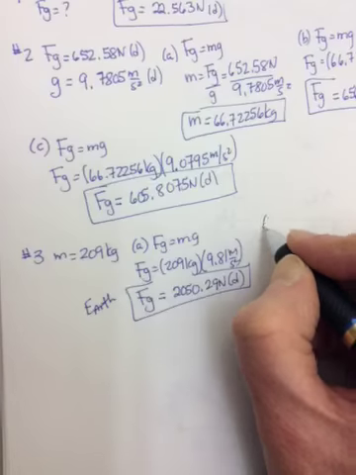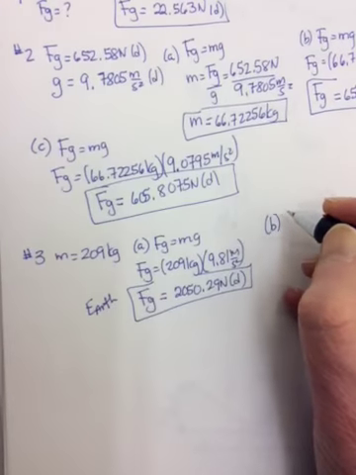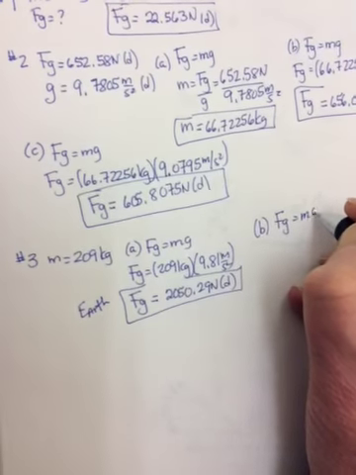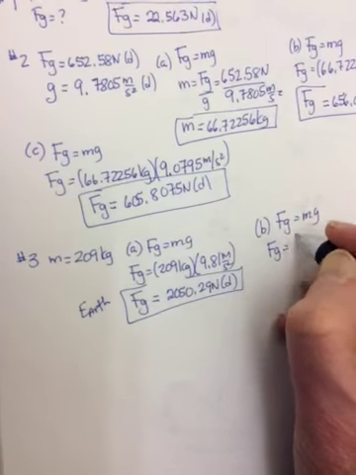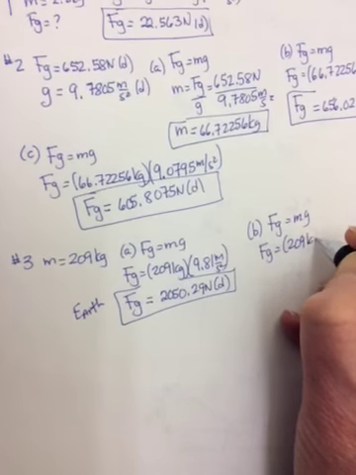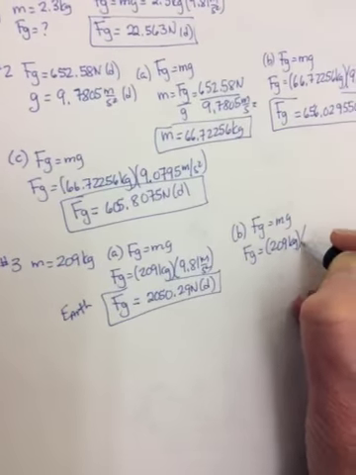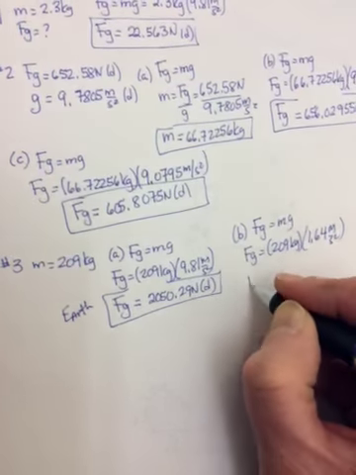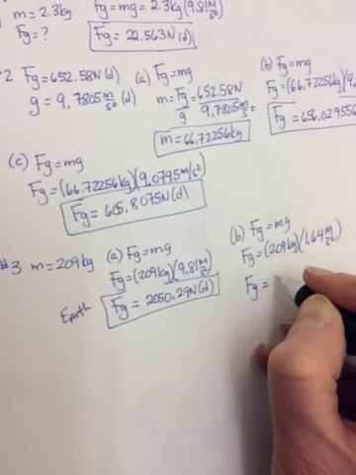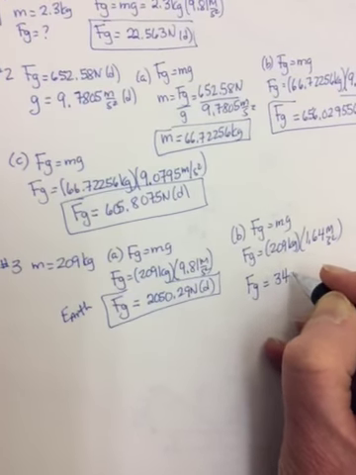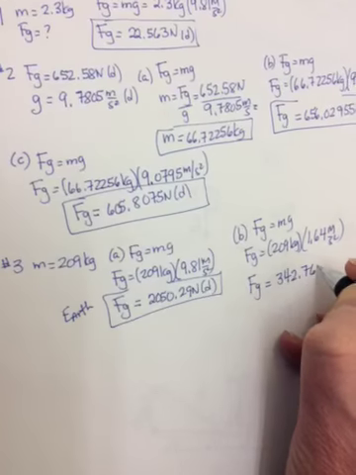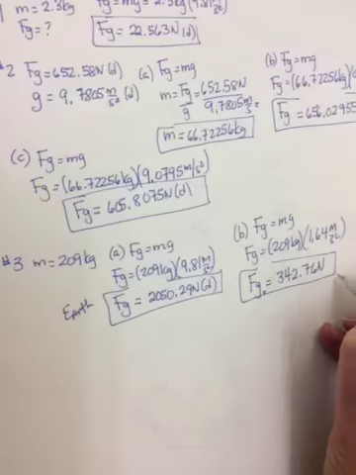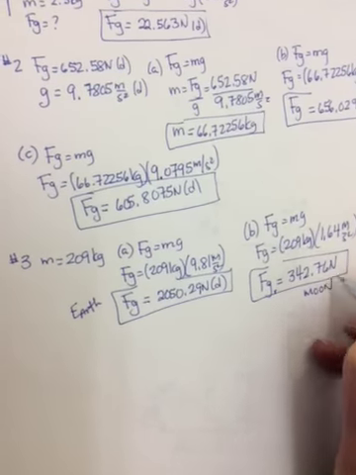Now for the moon, you need to go to the chart on page 133 and find the little g for the moon. Okay, so it'll be the 209 kilograms. And when you look up little g from the moon on that chart, it's 1.64 meters per second squared, and you find out that this thing has a weight on the moon of 342.76 newtons, significantly less than on the Earth.